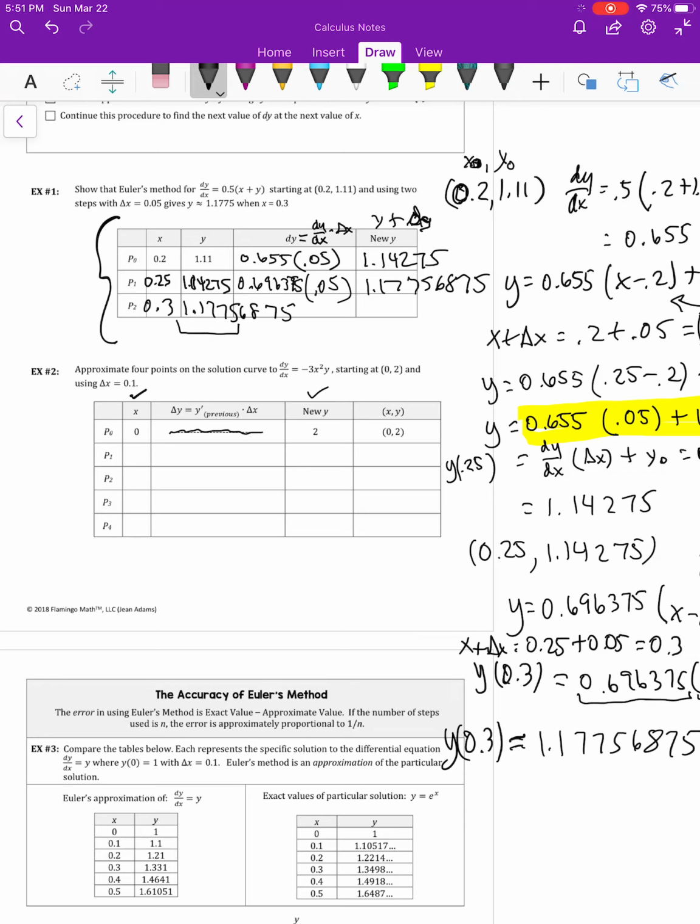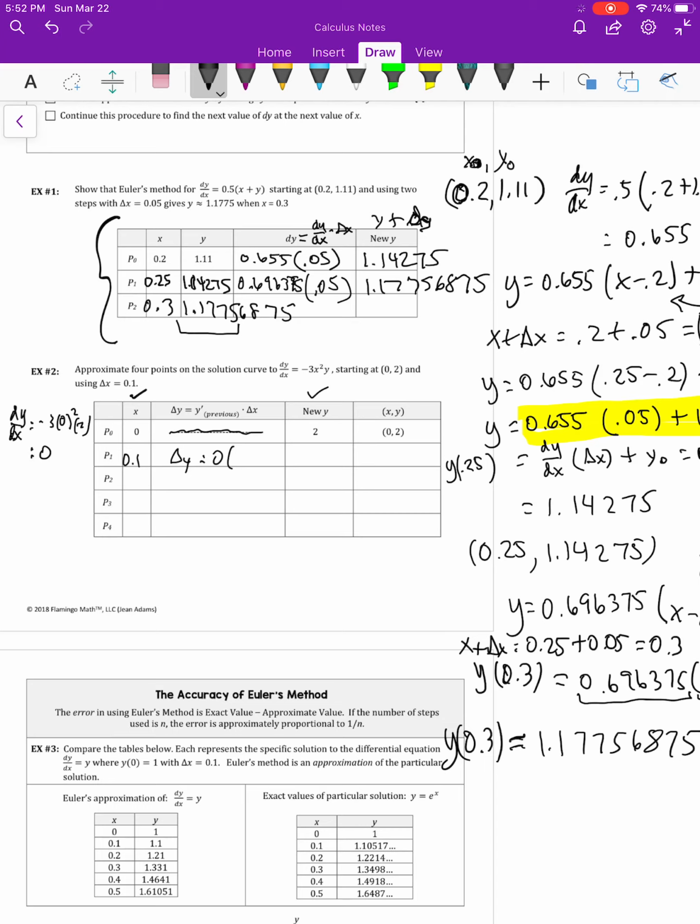So for this one, if our delta x is 0.1, we're going to add 0.1 to x. So that's going to be 0 plus 0.1, which is 0.1. And then we're going to find our delta y using the y prime at the previous point. The y prime is negative 3x squared times y. So we've got our dy dx at the previous point as negative 3 times 0 squared times 2, and so this is just 0.